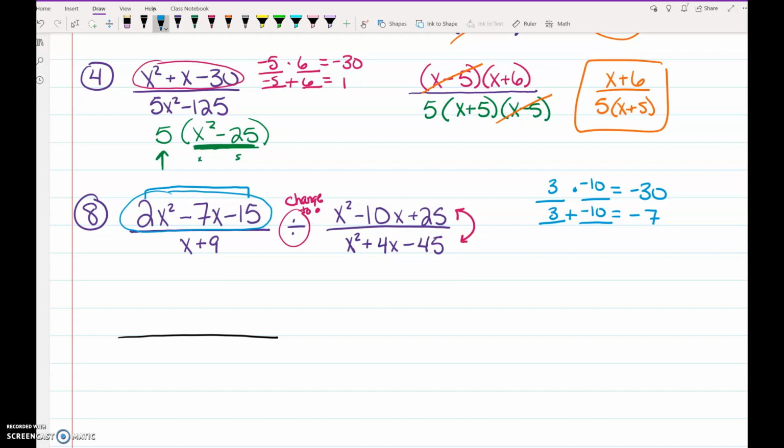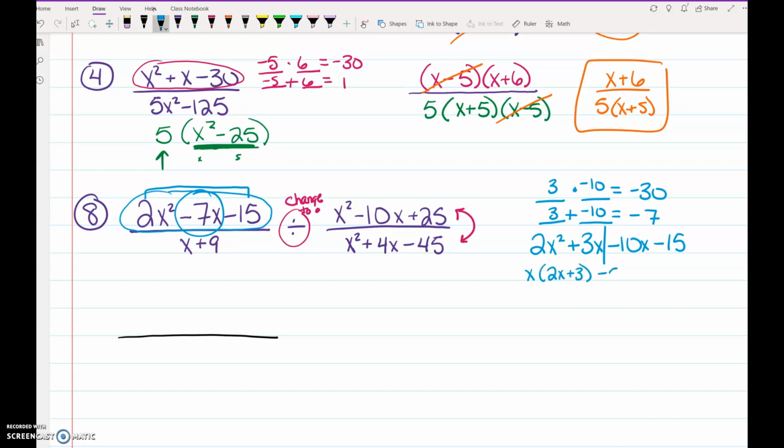When there's that number in front of the x squared, we have to turn it into 4 terms. So 2x squared, you split this middle number into plus 3x minus 10x, and then you can factor by grouping. My first group has x in common.